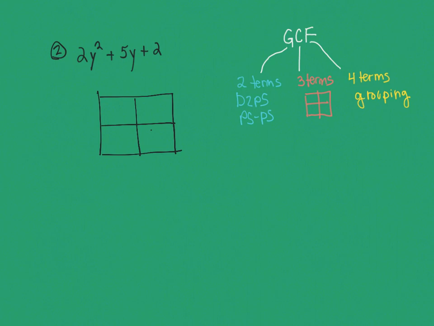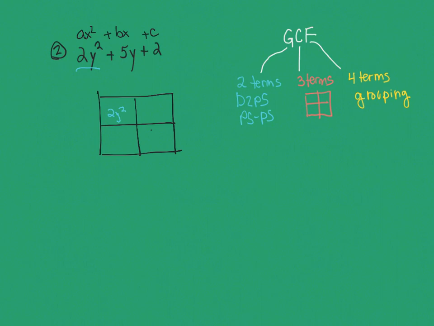Now, if I'm thinking of this as ax squared plus bx plus c, okay? There are a couple of givens that I automatically know when I go into this. First, since this number here is prime, the 2y squared, I know that that must be 2y times y.